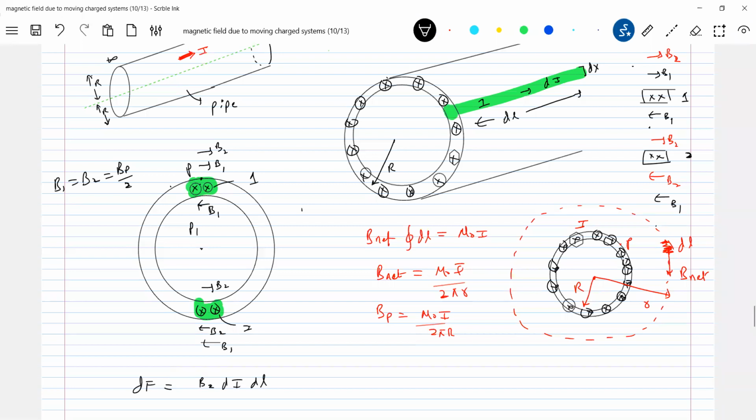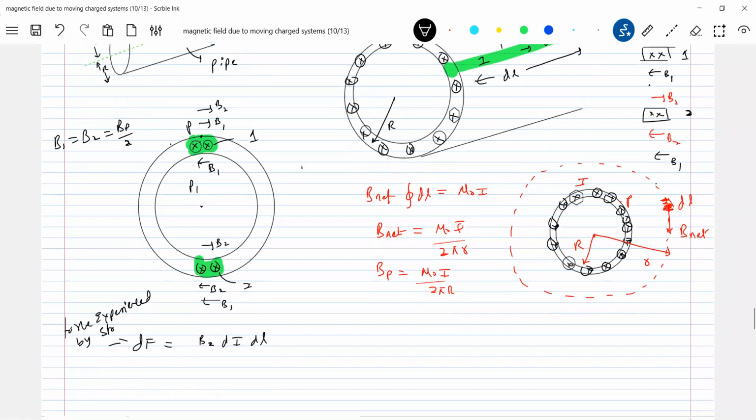So what is this DF? The force experienced by strip 1. I'll write in detail.